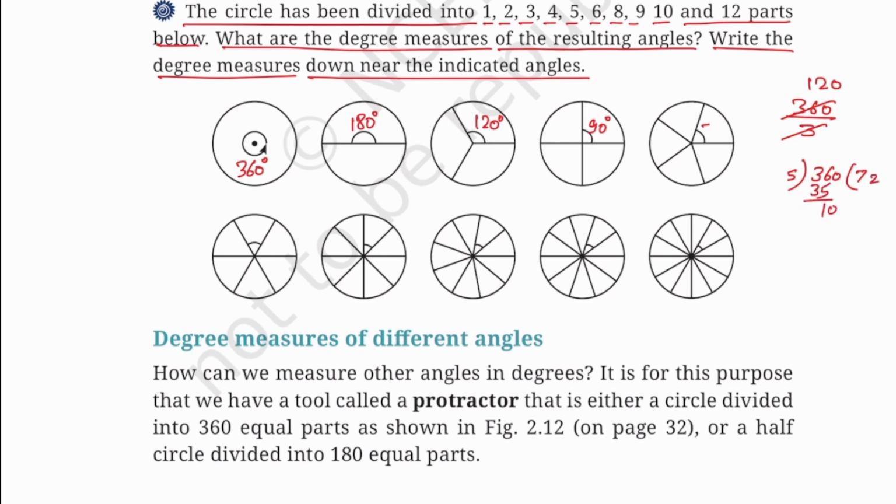You will get 72 degree. Similarly, 6 parts means you have to divide by 6. You will get 60. Similarly, 8 parts, that means you have to divide by 8.